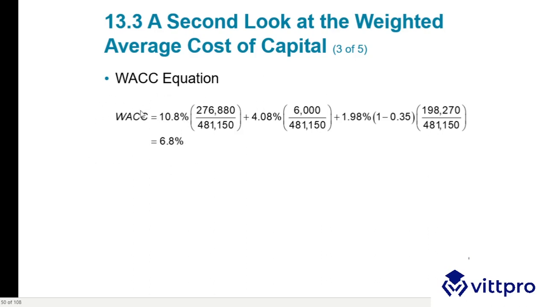Now this 6.8% will be used whenever they are evaluating any new project or any new investment. They need to get a minimum of 6.8% IRR. If the IRR is below 6.8%, they will reject the idea. If the IRR is above 6.8%, they will accept the project. That is the implication of this weighted average cost of capital.